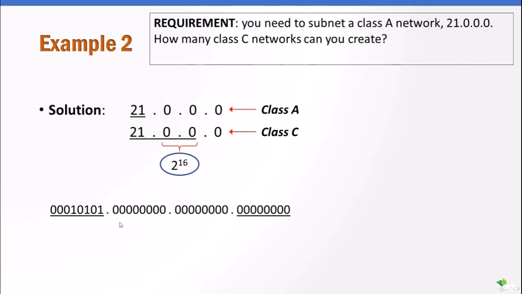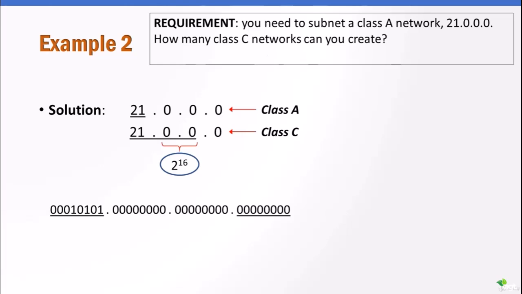So we're going to use the middle two octets as a subnet portion. The first octet is going to be the network portion. The second and the third octet are going to be our subnet portion for our C networks. And then in all of our C networks, the last octet is going to be the host portion.